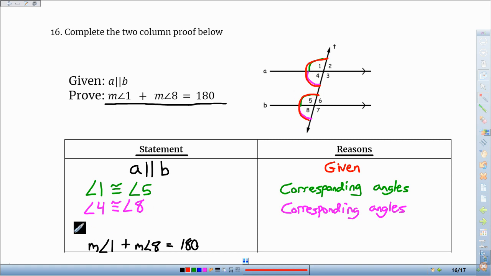Let's point that out. Angle 1 plus angle 4 equals 180. And on the same line, we can also say the same thing about 5 and 8. Angle 5 and angle 8 equal 180. Why do we know that? Because they're a linear pair.